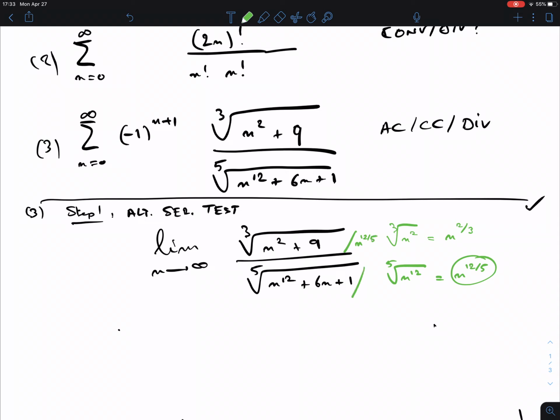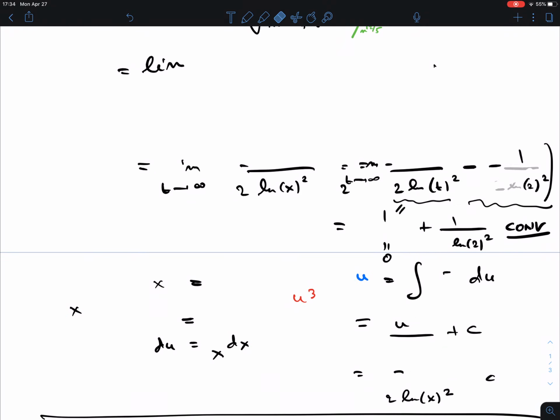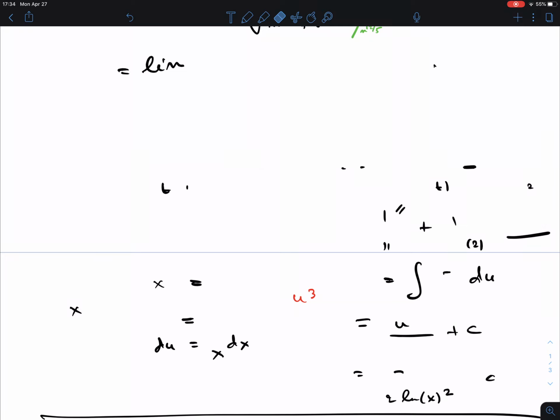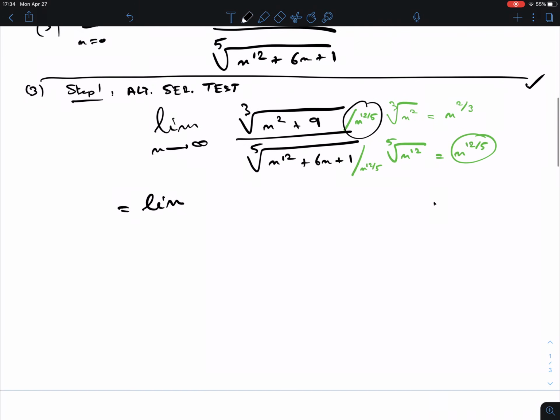Okay. Now this is a little bit trickier because I have to bring this inside there. Well, how do you bring a power inside a radical? You have to raise it to the index of that radical. I have to keep erasing a little bit here. Okay.